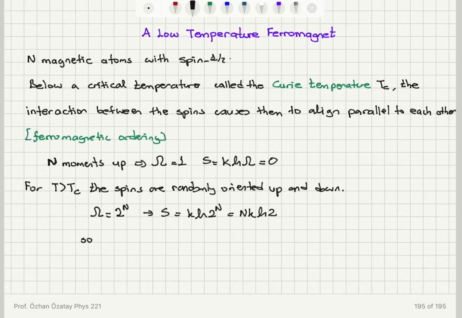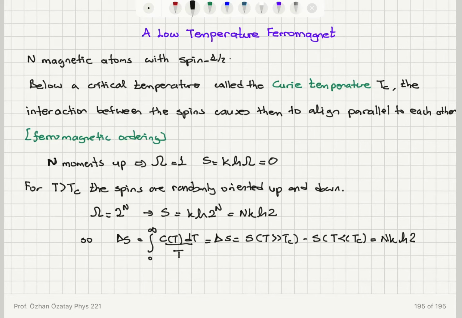So if you look at the entropy change from 0 temperature to infinite temperature, regardless of what the temperature dependence of the heat capacity is, the answer is given by the entropy for absolute temperature much greater than Tc minus entropy for temperature much less than Tc, and that is equal to N k natural logarithm 2.